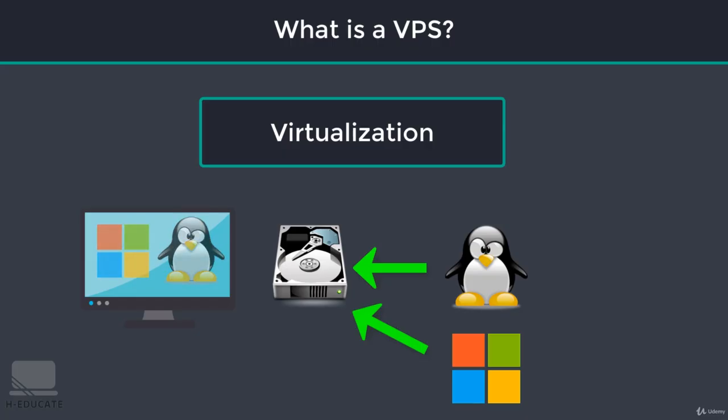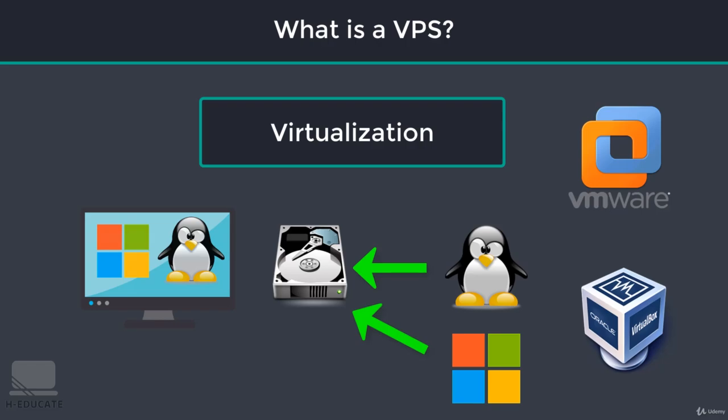If you are familiar with VMware Workstation or VirtualBox, where you can build labs inside them, you can install a full operating system into these applications so you can run multiple operating systems together. So the idea is like this. Virtualization is a technology that allows you to run multiple operating systems together on the same physical hardware.